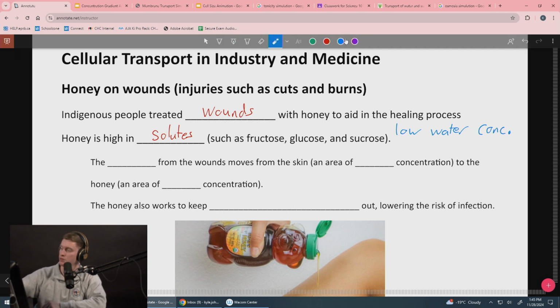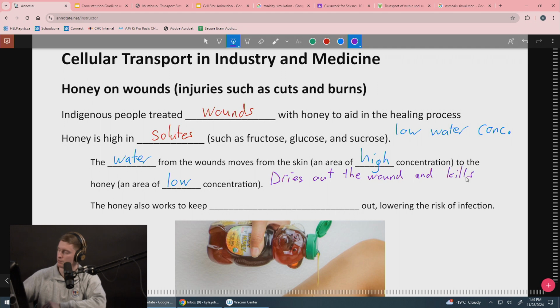This means that the water from the wounds moves from the skin, because that would have an area of higher concentration, to the honey, which is the area of lower water concentration. This will dry out the wound and kills bacteria that could infect the wound.